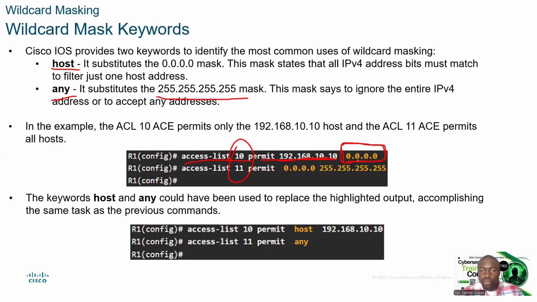So instead of using this, look at it. You use the word hosts. That is the point that is being mentioned here. Instead of this, you use the word hosts. And then this is another one, access list 11, permit, and you are saying permit this guy, and then this is the source.